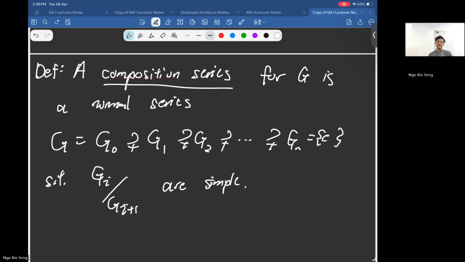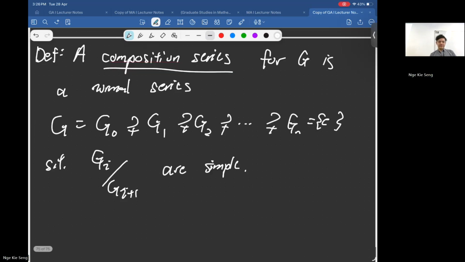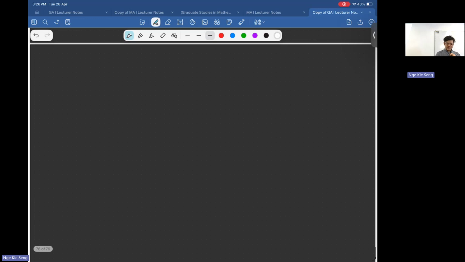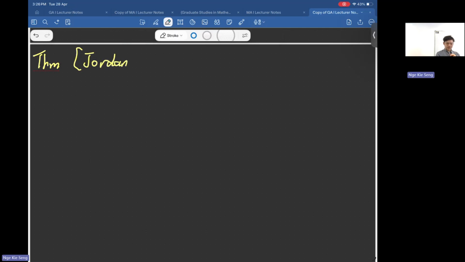Think of it: if you have two composition series, should they have the same length? This is exactly the Jordan-Hölder result. It is very important.